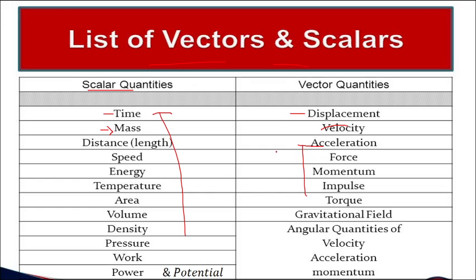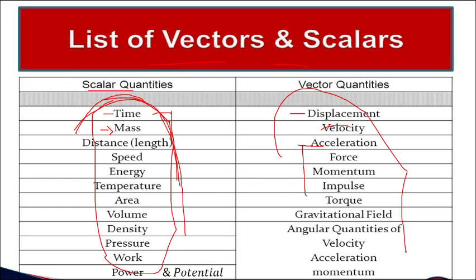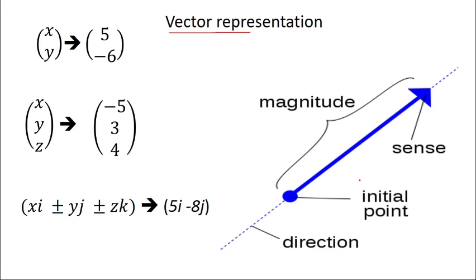So we are talking about list of vector quantity. Well, these are all vector quantity because we can imply their direction. These are all scalar quantity because we cannot imply their direction. These are all vector quantity because we can imply their direction. Now, this is vector.